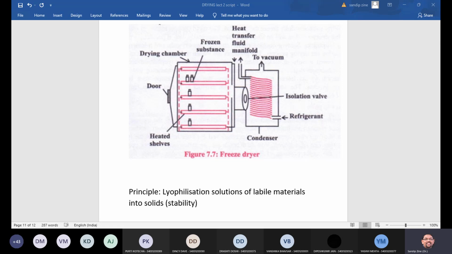And the condenser is also attached. The condenser consists of a large surface cooled by solid carbon dioxide slurried with acetone or ethanol, and the condenser surface should be cleaned properly. The purpose of the condenser is to attract the vapors being sublimed off the product.